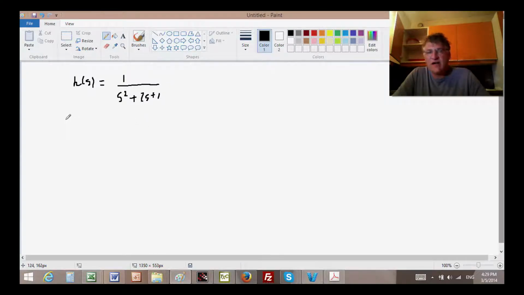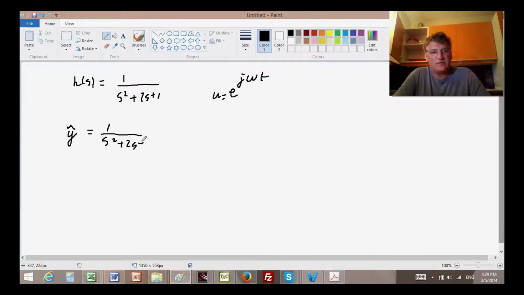Now, we excite the system by e to the j omega t. I will forget about A. I get that y hat, so that is u, okay? So I get that y hat is equal to 1 over s squared plus 2s plus 1 times 1 over s minus j omega.